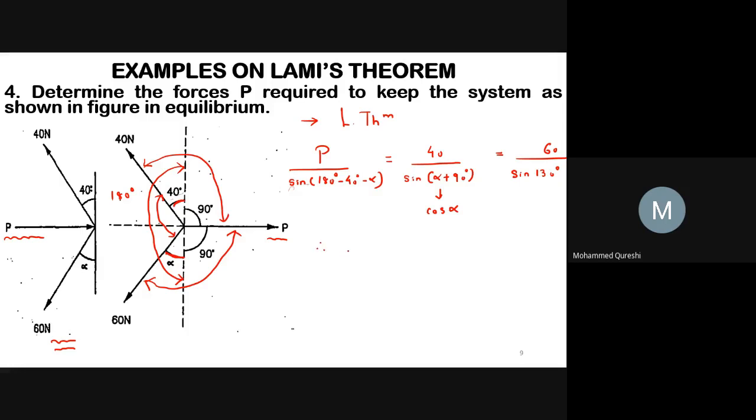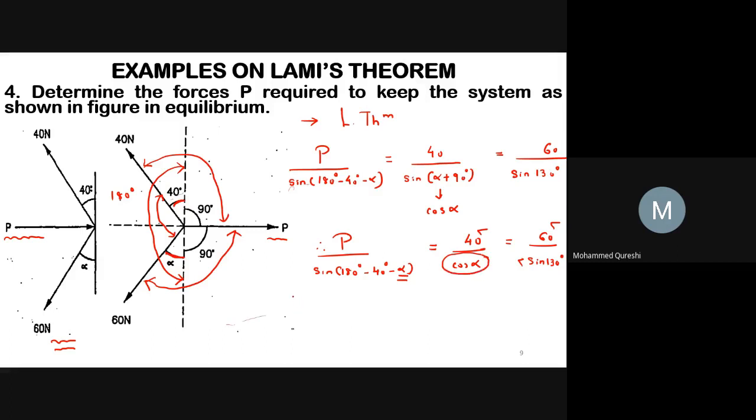Therefore, P upon sine 180 degree minus 40 degree minus alpha equals to 40 upon cos alpha equals to 60 upon sine 130 degree. So here alpha is unknown, but 40 is known, 60 is known, as well as sine 130 is known.